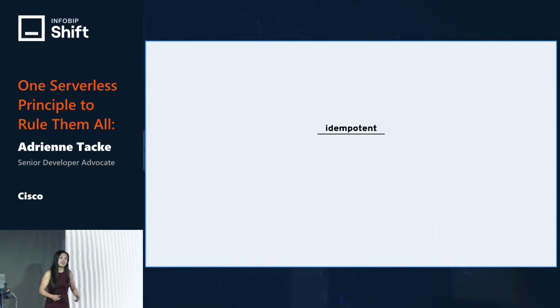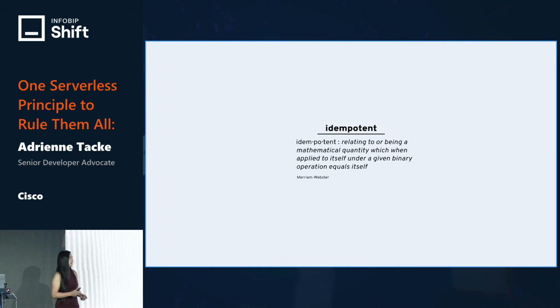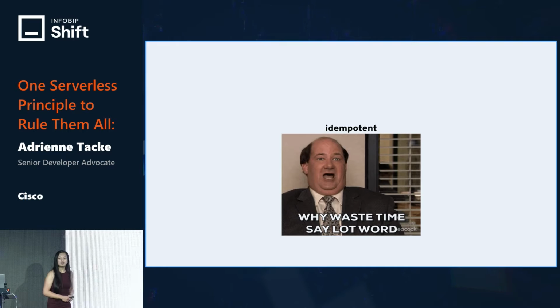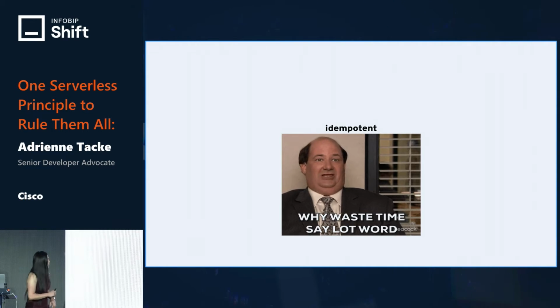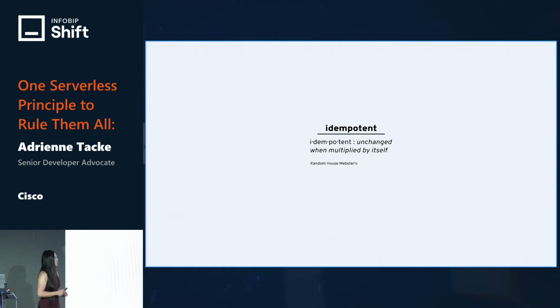The real word is idempotent, and they describe it as relating to or being a mathematical quantity which, when applied to itself under a given binary operation, equals itself. So very thorough, but very useless to me, especially if you don't know what it means. But in the great words of Kevin from The Office, why waste time, say a word when few word do trick? I like Random House Webster's definition better, which is unchanged when multiplied by itself.